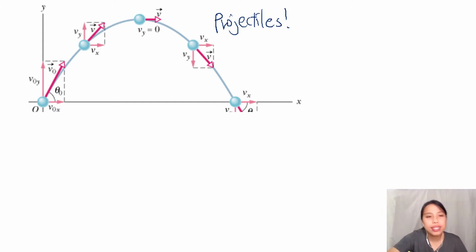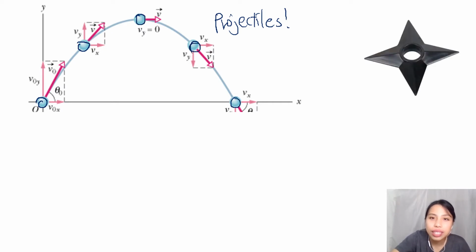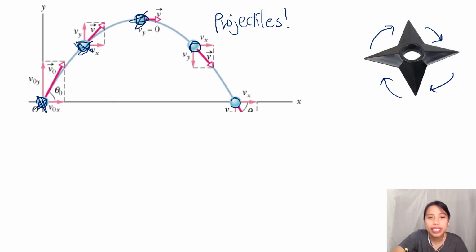But what if the dot that we always use to represent is not a tennis ball or basketball? What if it's something else? What if it's a ninja shuriken, flying and spinning at the same time while in projectile motion? What does the dot represent then? So here we have a ninja blade spinning while it is traveling in projectile motion.